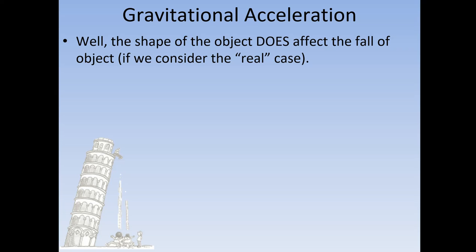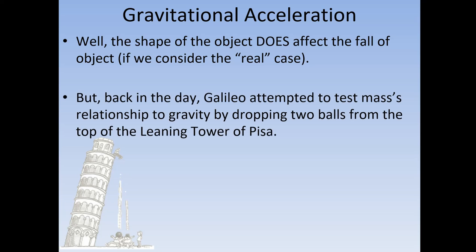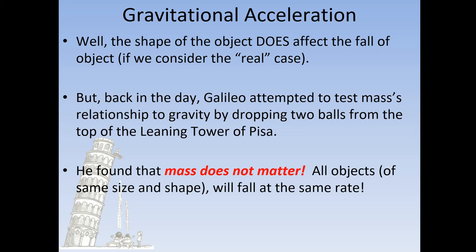So it does, in the real case, affect differently, but if you took objects that were identical for the most part, different masses, but for the most part very spherical and similar in size, then the effects of the air wouldn't really occur as much, and we'd end up finding that they actually do land at about the same time. You probably heard of Galileo doing this off the Leaning Tower of Pisa by dropping two balls of roughly equal sizes but different masses.